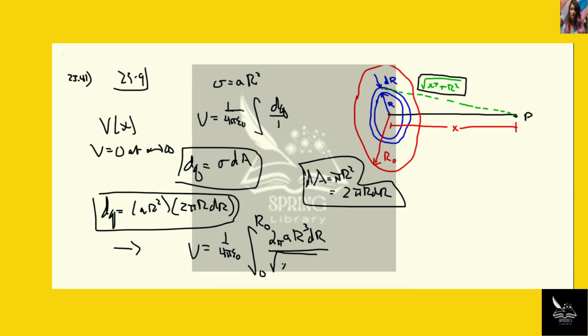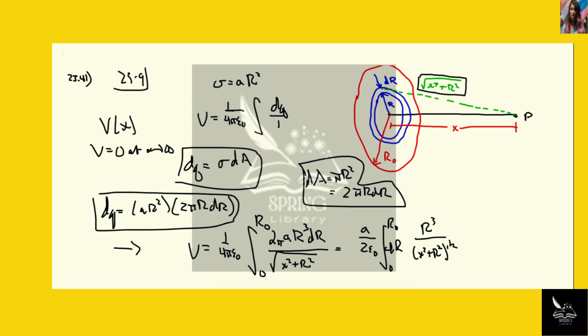So let's write that out as x squared plus big R squared. So let's go ahead and simplify some things, and we're left with A over 2 epsilon naught, integral from 0 to R naught, dr r cubed over x squared plus r squared to the 1/2.